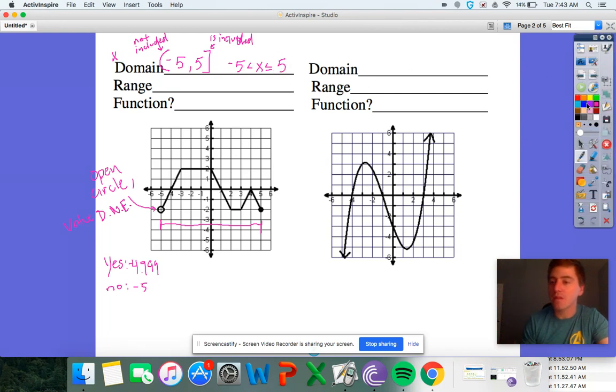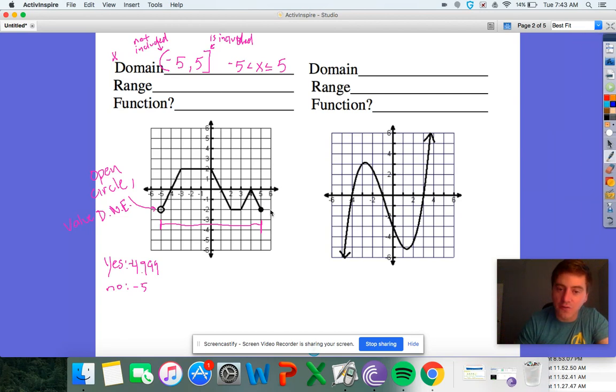Okay, so moving on to range. Range is the y values. These are the vertical ones, the up and down. So yes, this point is not included, but this point is. So we do have from -2 all the way up to 2, which is included as well.